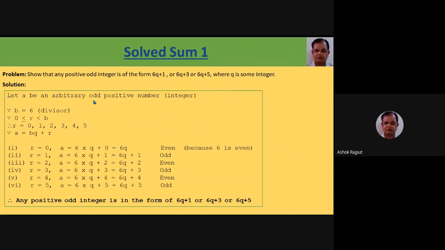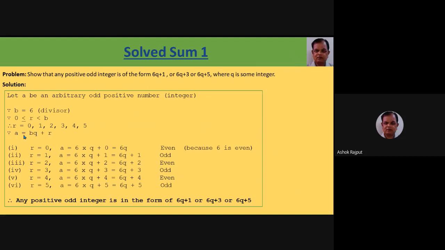So take any arbitrary positive odd integer, and the divisor is 6. The remainder is always smaller than the divisor and greater than or equal to 0. So the divisor is 6, and we can take remainders 0 to 5, which are smaller than 6.